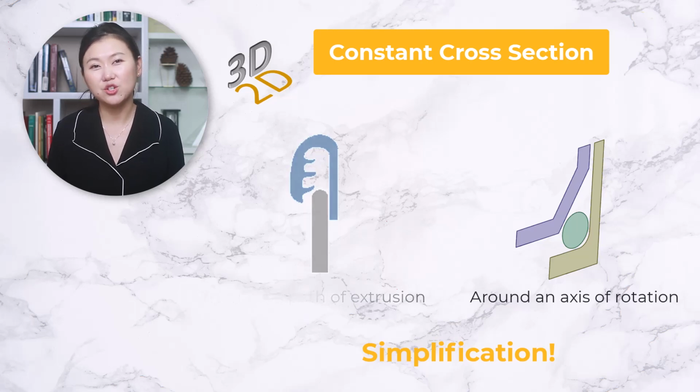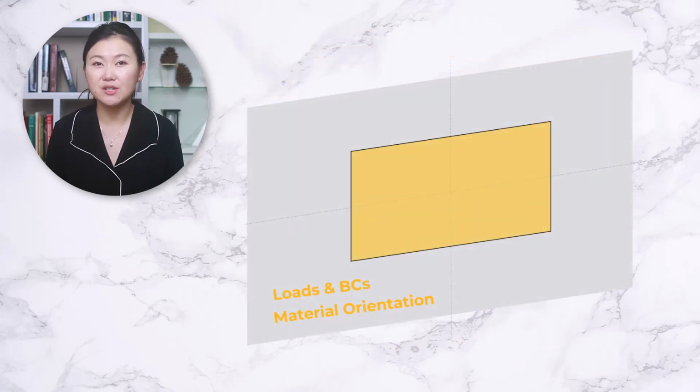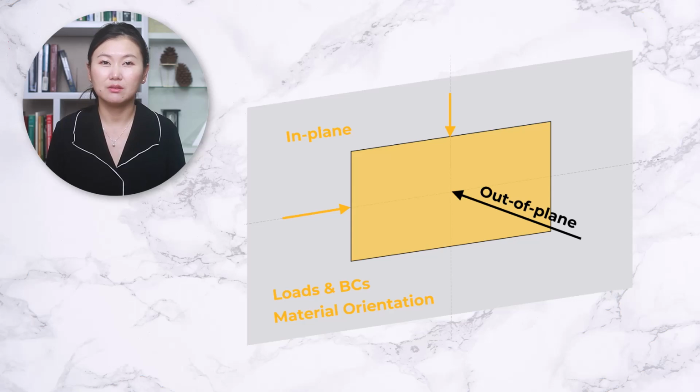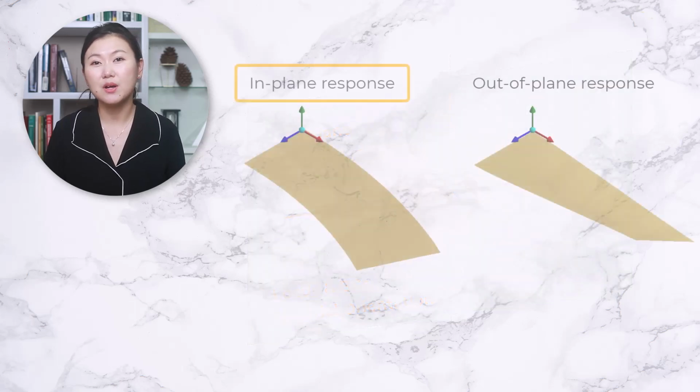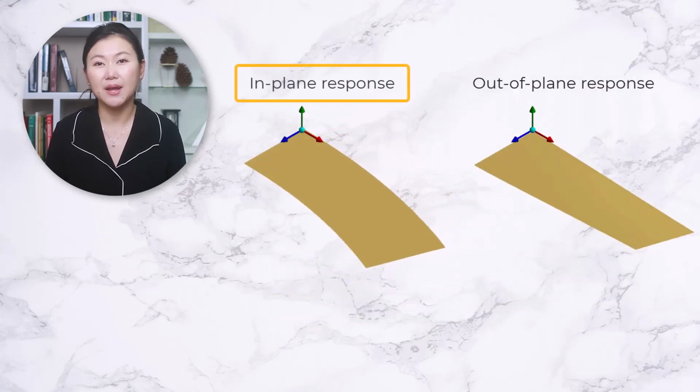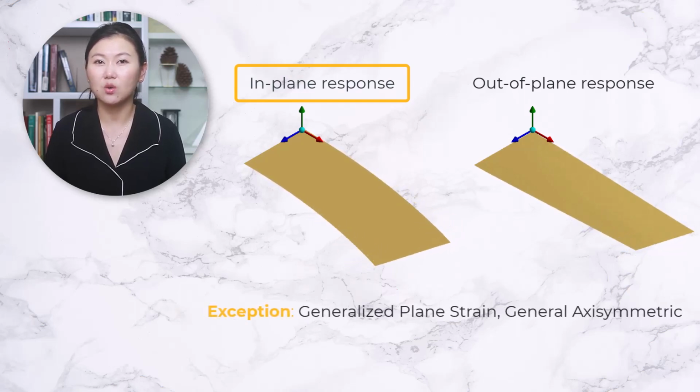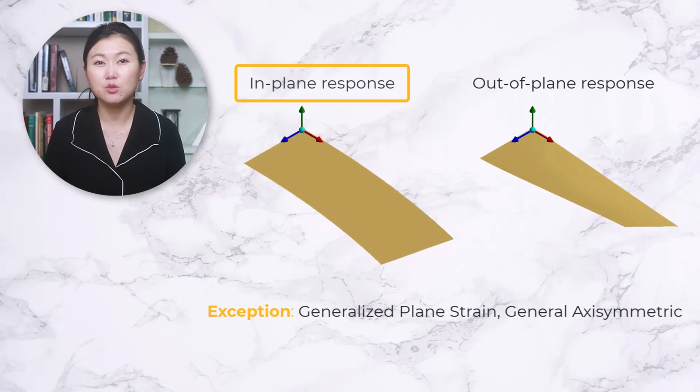Also, we need to make sure that the loading, boundary conditions, and material orientations are also in the same plane and not out of the plane of the cross-section. Note that the response will also be confined in the same plane except for special cases like generalized plane strain or general axisymmetric, which will be discussed later.